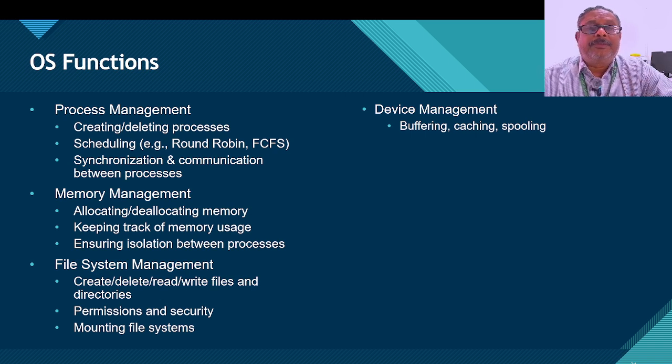Later comes the device management, where we keep talking about various IO devices connected to our system. When you are connecting IO devices to the system, usually the IO devices will be very, very slow compared to the processor or the system itself. If we are interacting with slower IO devices, then it is better to have some buffer memory in between the system and the IO device.